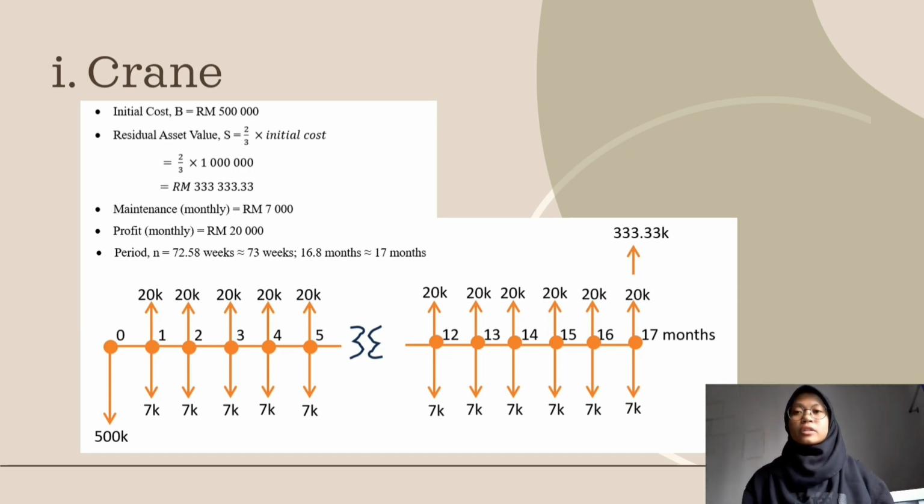For the period at 0, there is a 500k arrow pointing downwards, which is the initial cost where the company bought the crane, and the monthly 7k arrow pointing down is the maintenance cost.